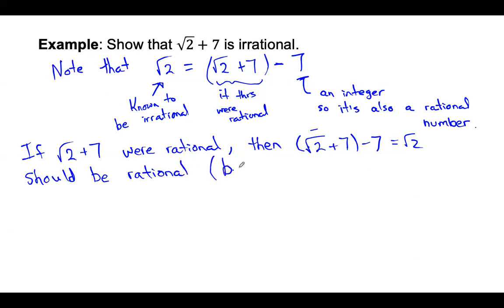Why? Because it's the difference of two rational numbers. If this were rational, and this obviously is rational, then the difference of two rational numbers, which I said earlier is a rational number. But we know it's equal to an irrational number.